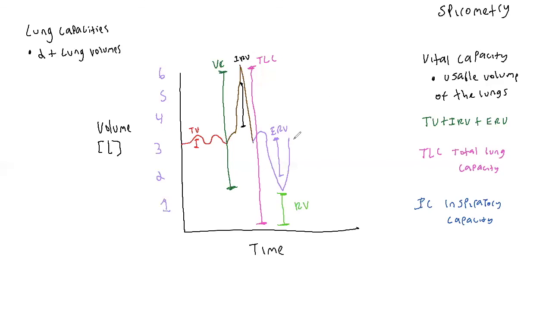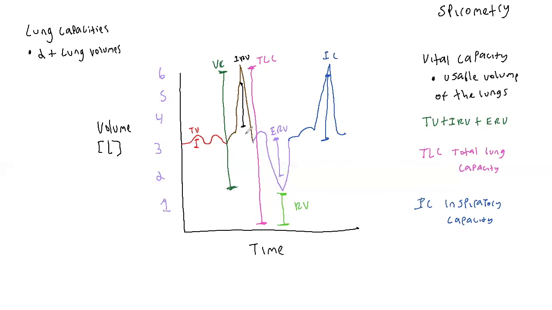To avoid our graph getting cluttered, I'm going to continue on to a little bit more. Normal inhale, normal exhale. Normal inhale, end of normal inhale, maximal inhale, then back down to normal. So this space here is going to be inspiratory capacity, or IC.